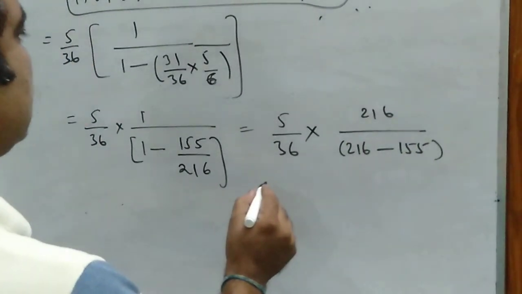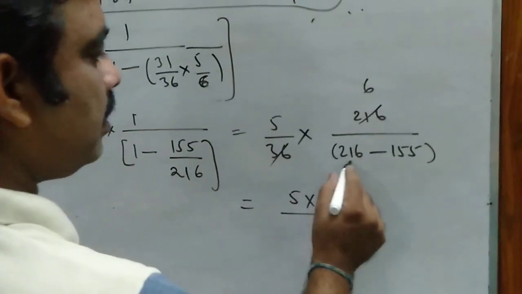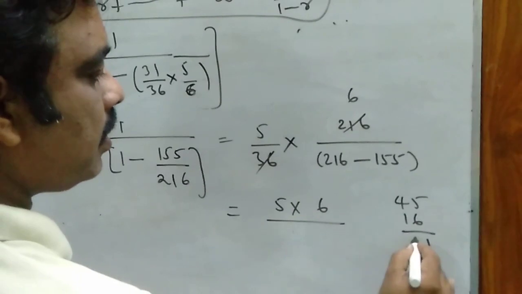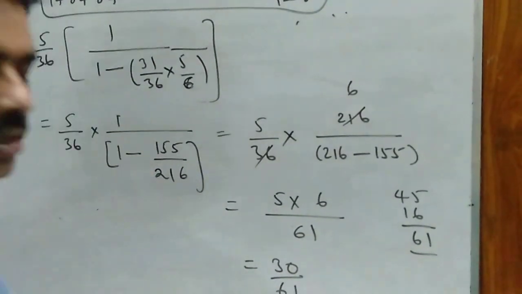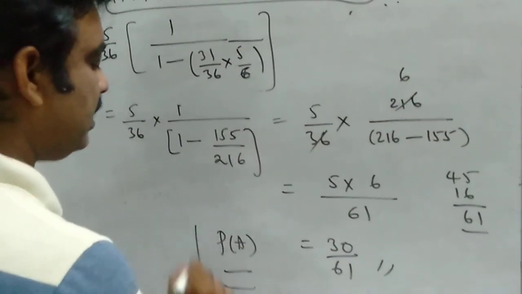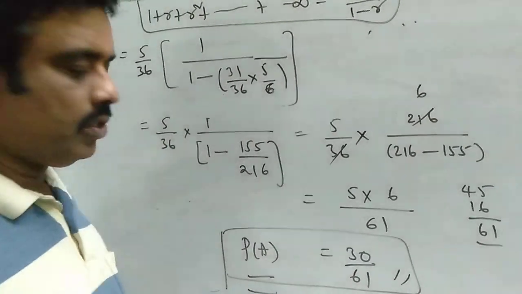Subtracting, 216 minus 155 is 61, so the value is 30 by 61. This is the required probability that A wins the game if he starts the game. That is the required problem.